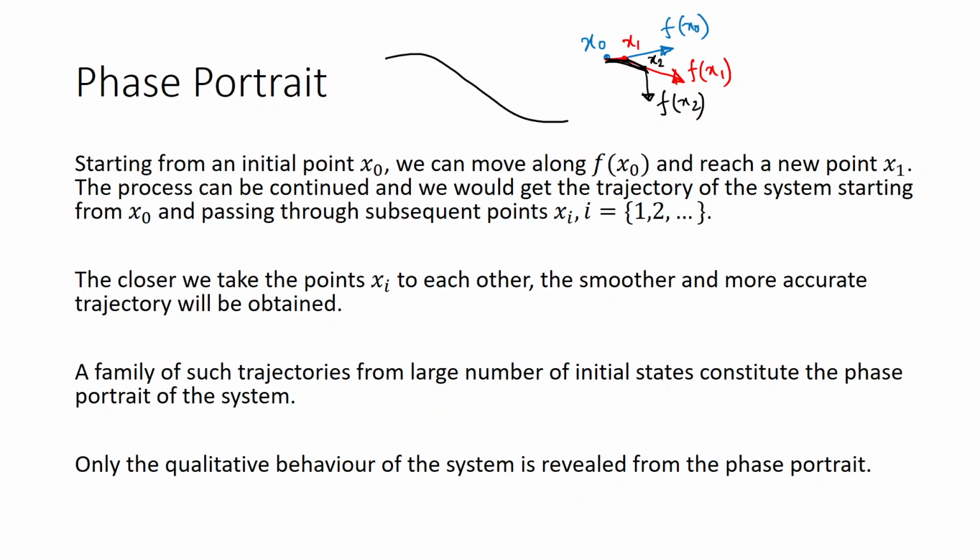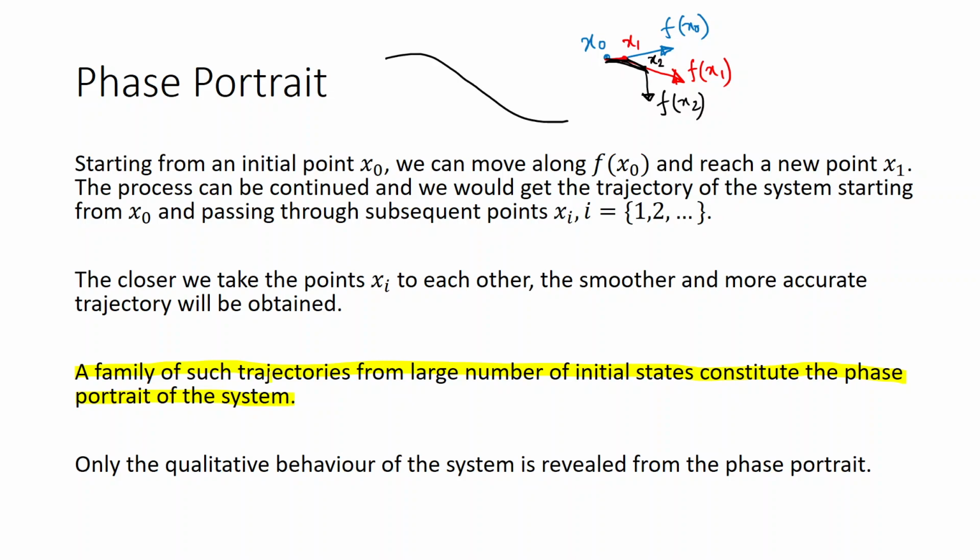Now you change the initial position a bit, you will get another trajectory. A family of such trajectories from a large number of initial states can be drawn, and this constitutes the phase portrait of the system.